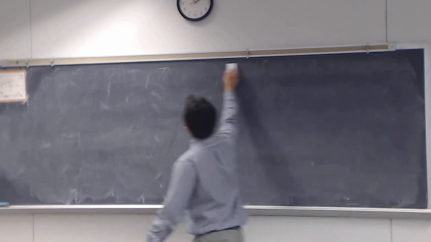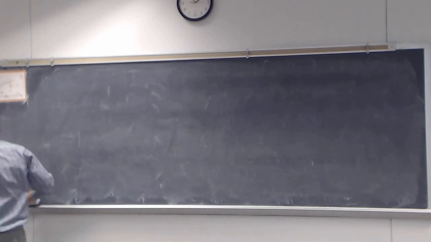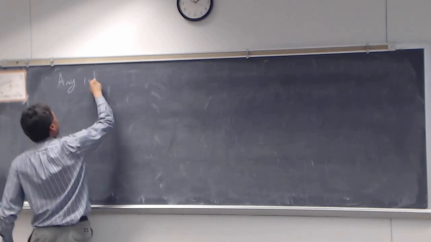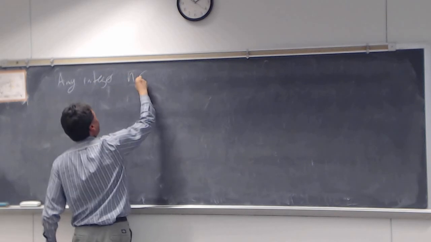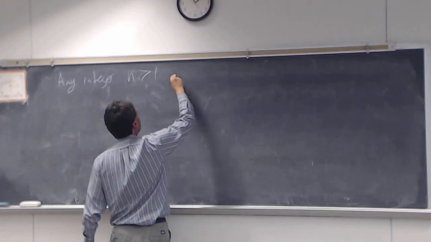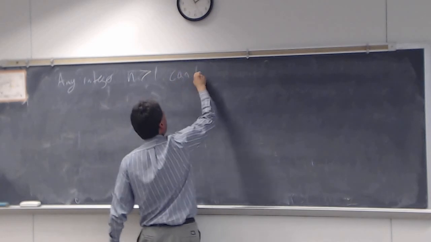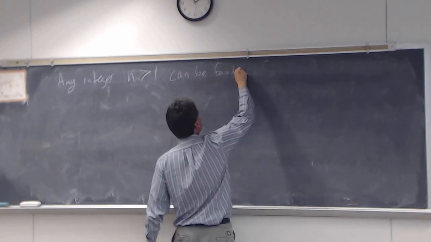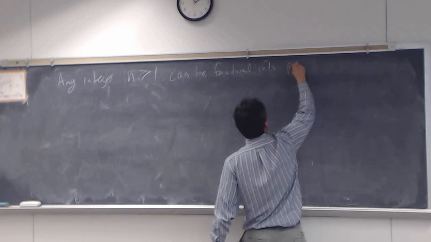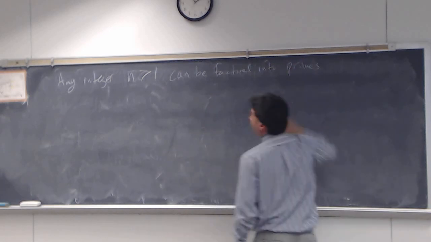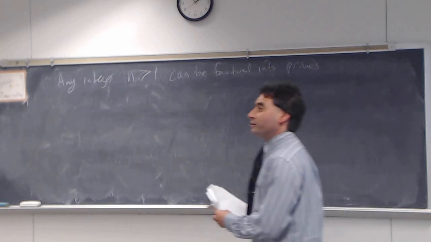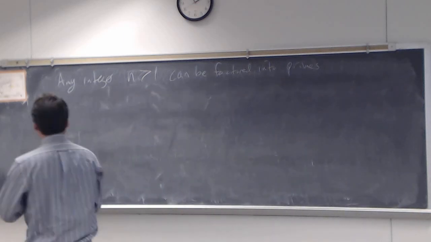And so we have to prove two things. We have to prove any integer n greater than 1 can be factored into primes. And then we have to prove the uniqueness, but we're going to do separate proofs for each, separate induction proofs.